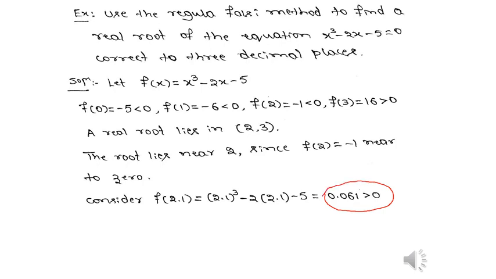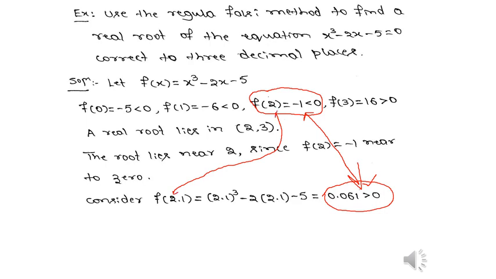So f of 2.1 is positive and f of 2 is negative. So we get a new range which is smaller than the earlier, because one is negative and another is positive. We can conclude that our root lies between 2 and 2.1.